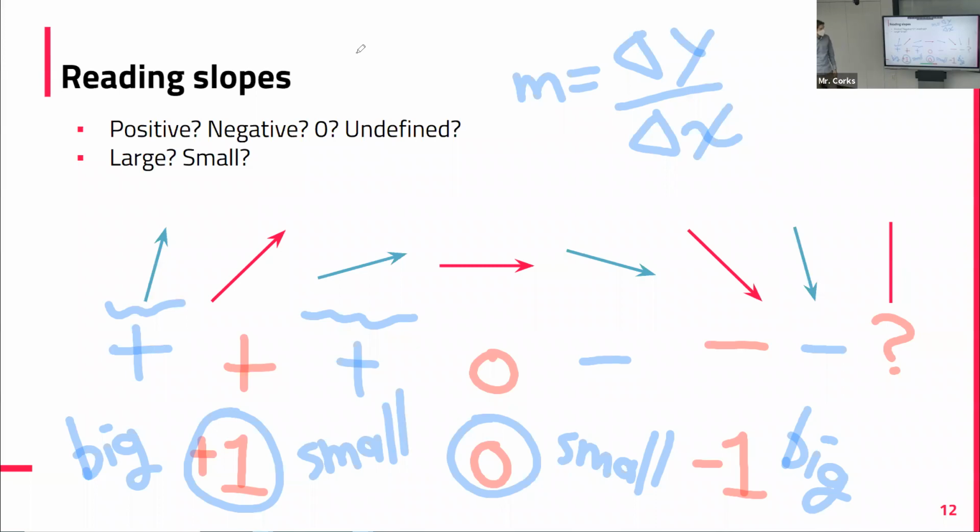So again, not necessarily knowing the exact numbers, but broadly speaking, positive or negative, big number, small number, that should be something we can recognize right away. So this is the easier version of it, looking at this and recognizing that.